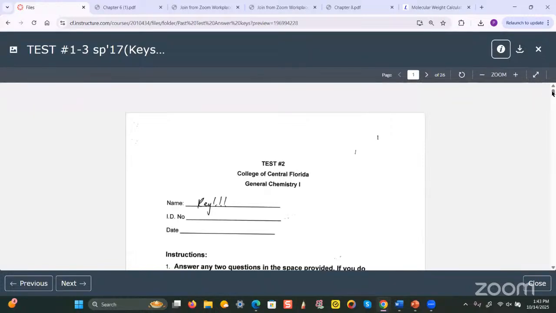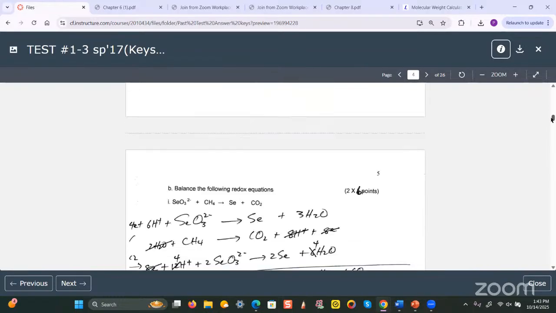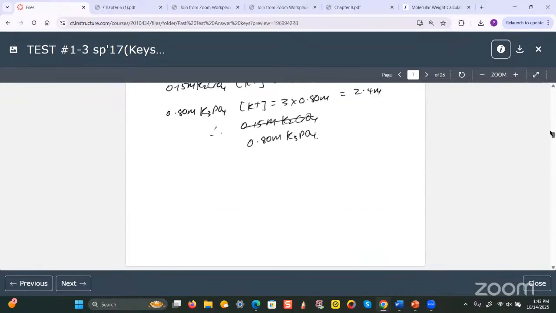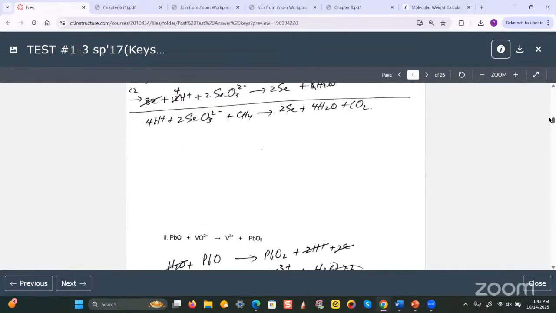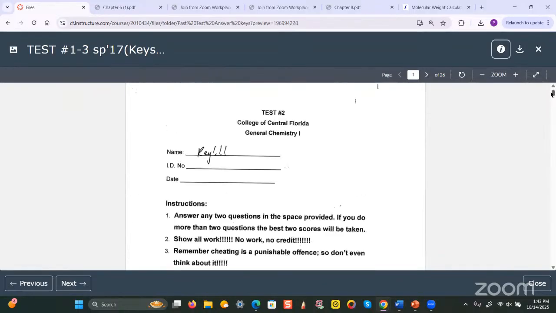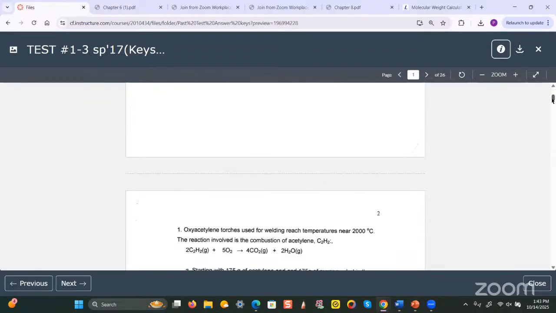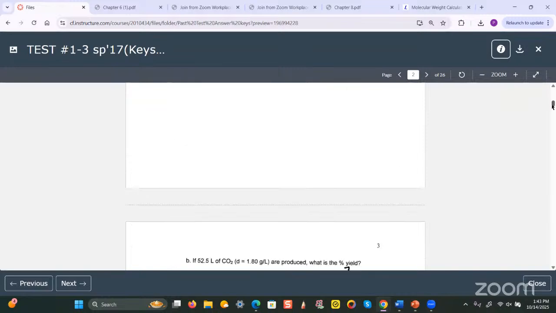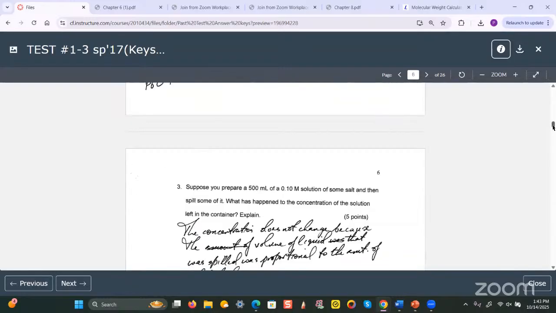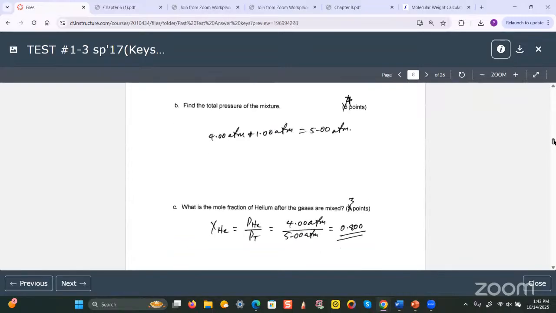All right, so based on what I see here, this test right here is test number 2, good. Let me do a quick look. Yes, that could be on the test: balancing redox equations, that was shown, and gas laws.